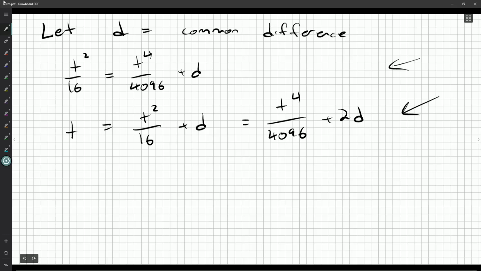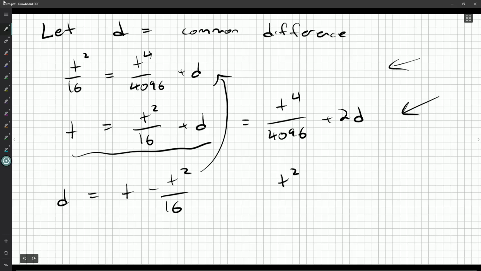I guess it might just be really easy to rearrange this expression here and say d is t minus t squared over 16, and then we could plug that in here and just really quickly get rid of the d value. So we get t squared over 16 is equal to t to the 4 over 4096 plus t minus t squared over 16.